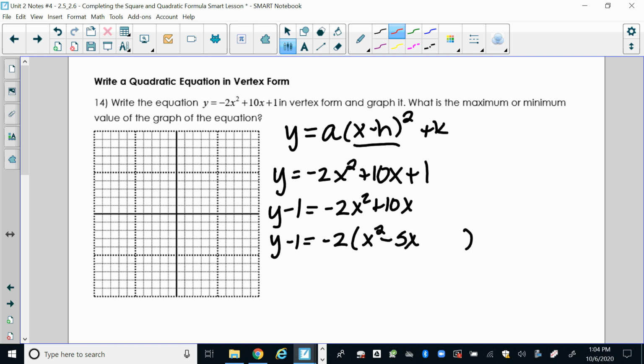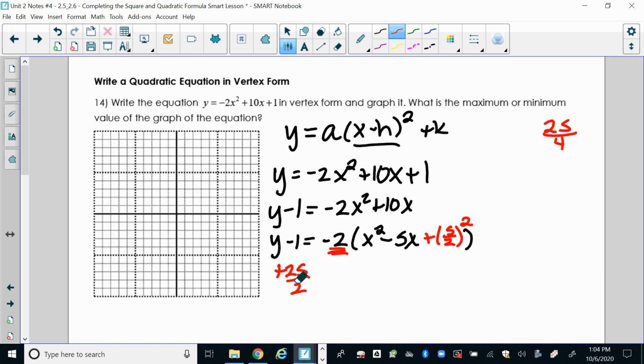So we add 5 over 2 squared, which is 25/4. But we actually have -2 times 25/4. So really what we added was 25/2.